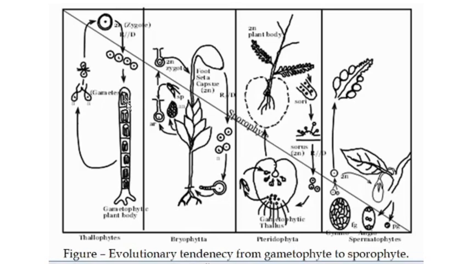This has to be remembered. And one more thing has to be remembered. What are sporophyte and gametophyte? The spore bearing plant body is called sporophyte and the gamete bearing plant body is called gametophyte. It is as simple as that.